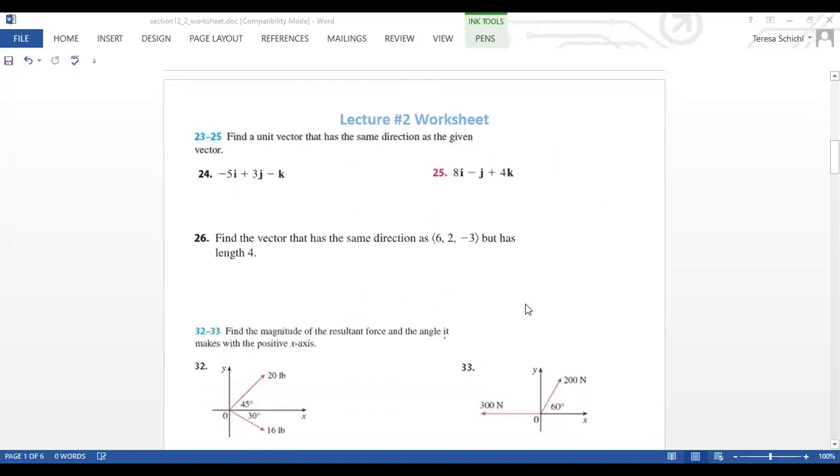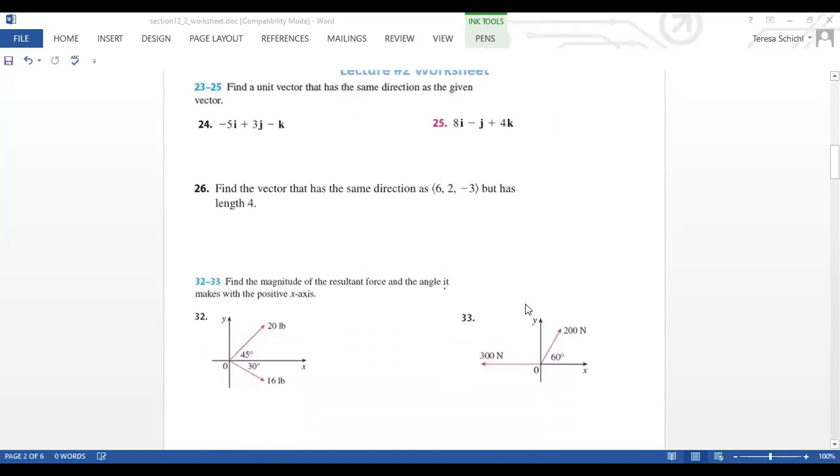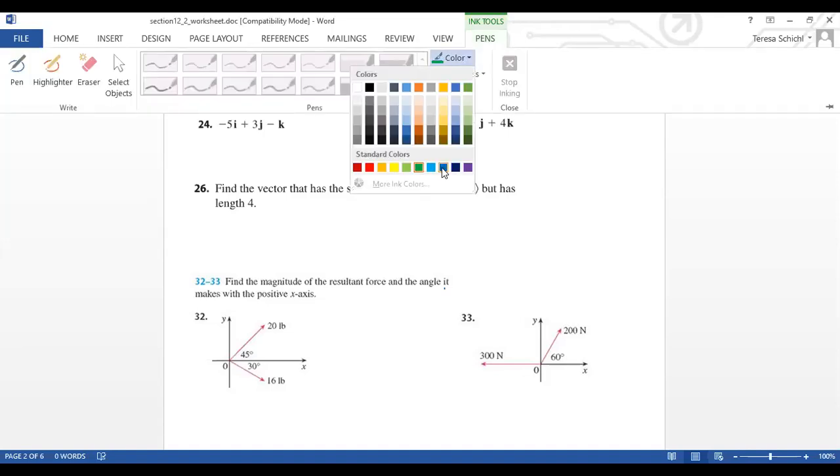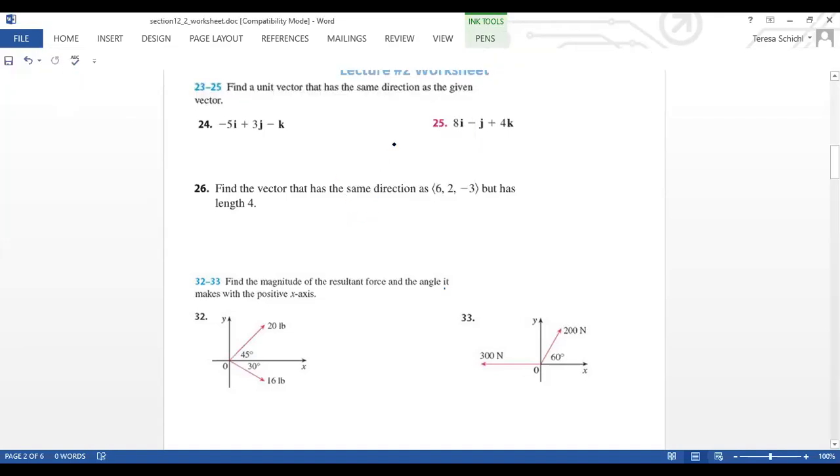The first problem I want to show you how to do is problem number 6, where we're going to find a vector. For this given vector, the new vector has a specific length: the length is 4.